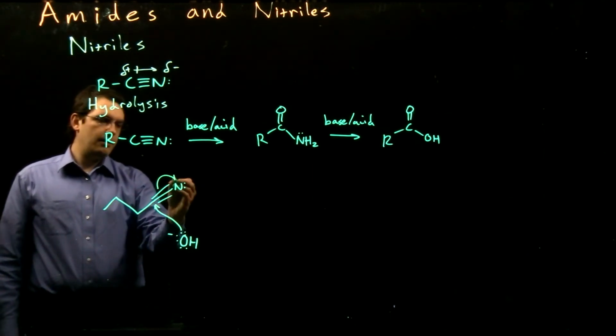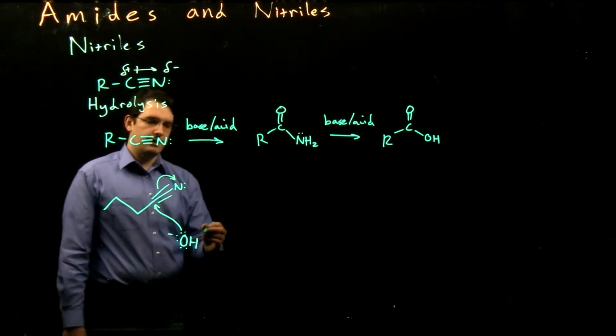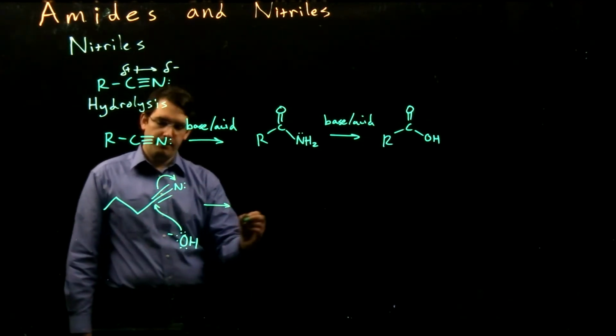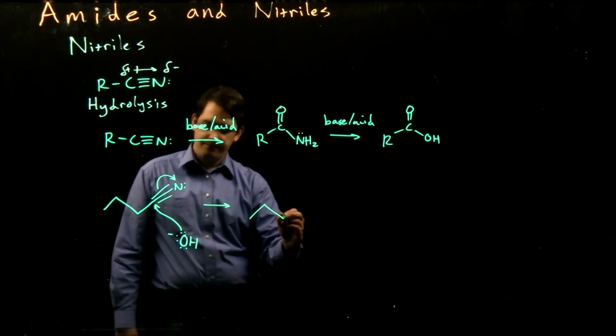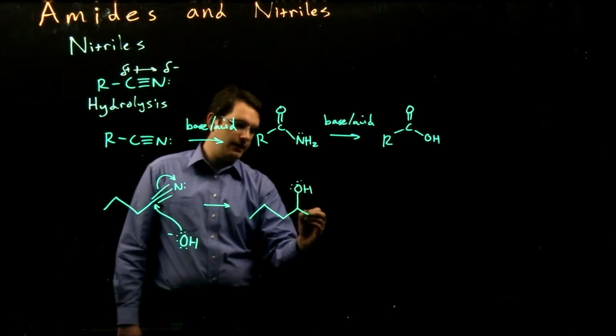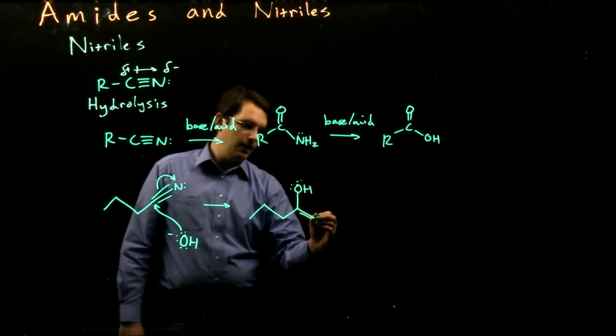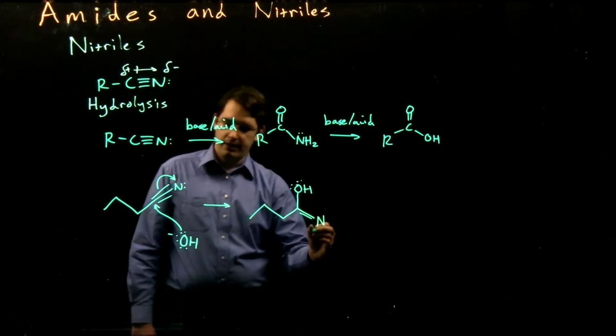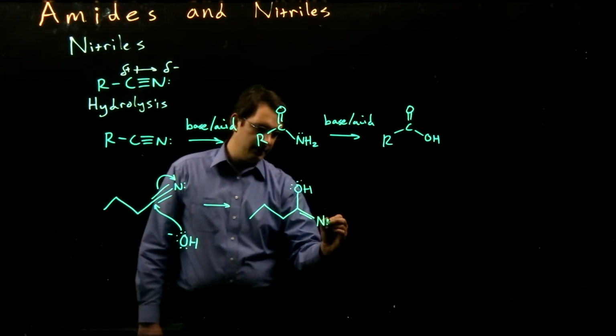So we attack there, and we move our electrons out of the way to make room for our new bonds. This gives us our hydroxy group attached to that electrophilic carbon, and now just a double bond to our nitrogen.